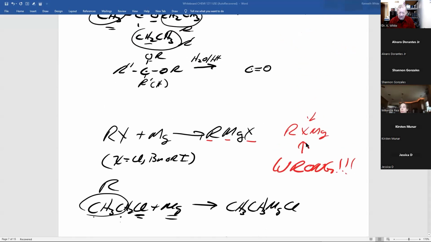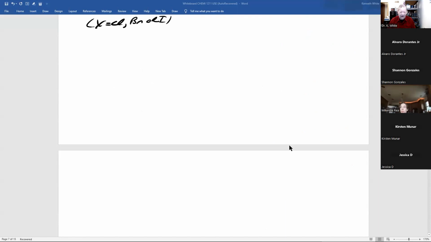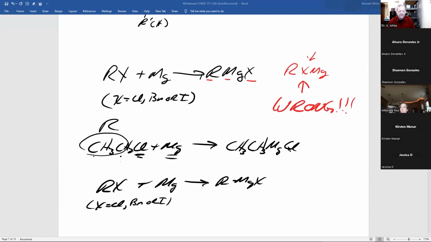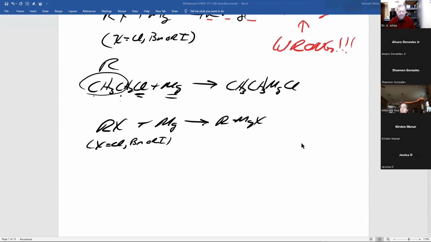Remember, if you write it this way, it's wrong, and you'll get 0 points. Don't. All right. And remember, the carbon with the halogen is the carbon the MgX is bonded to.